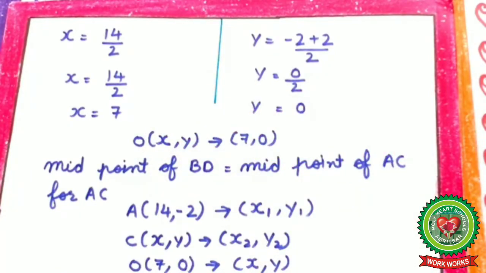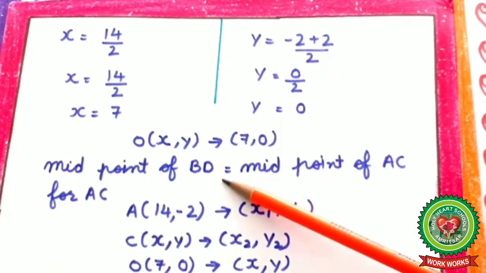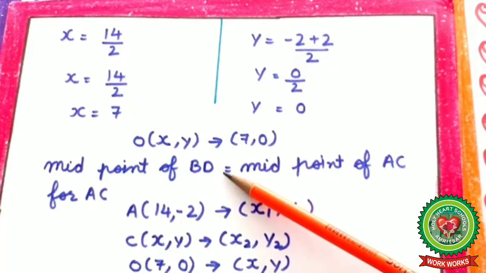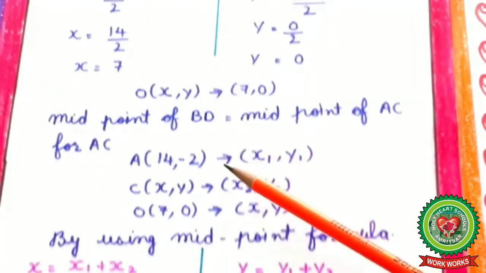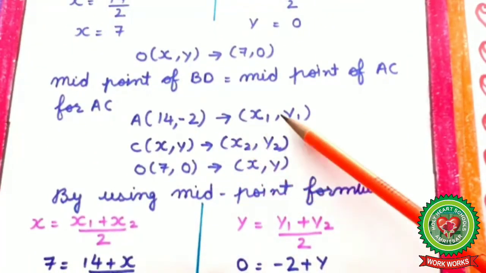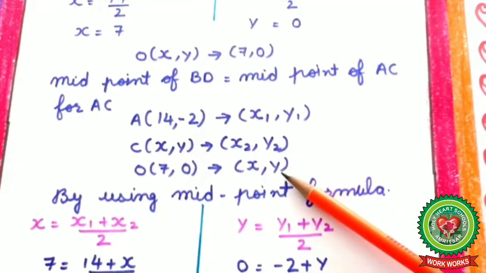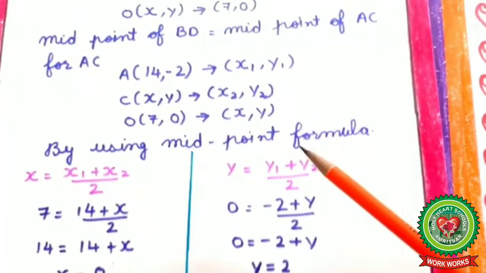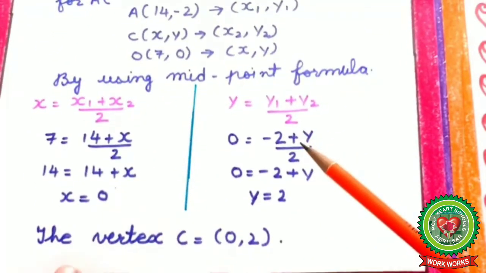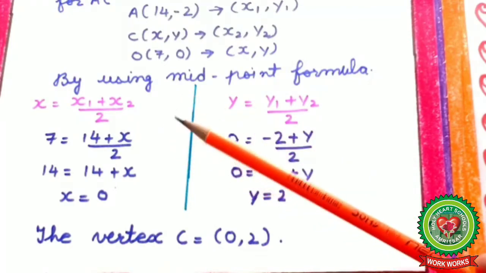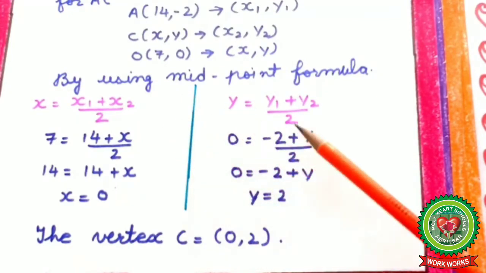The center coordinates are 7 and 0. Now the midpoint of BD and midpoint of AC are equal. So to find the coordinates of C, A is x1, y1, C is x2, y2, and center is x and y.